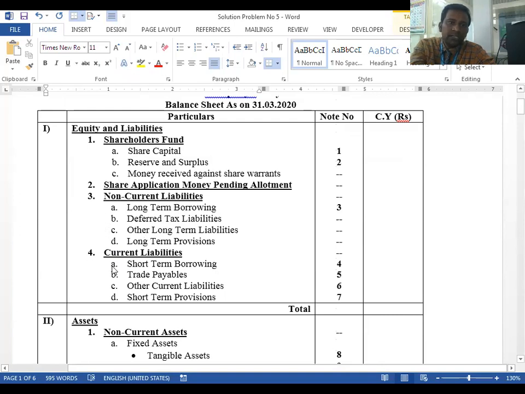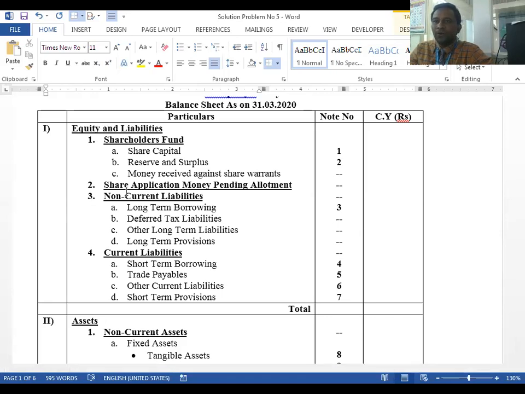Now see the current liabilities. Yes, outstanding salary is a current liability. It is confirmed. That means we are sure outstanding salary is never transferred under these three heads, so we ignore them.